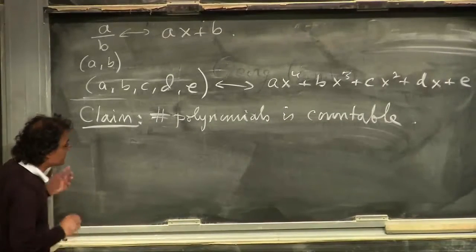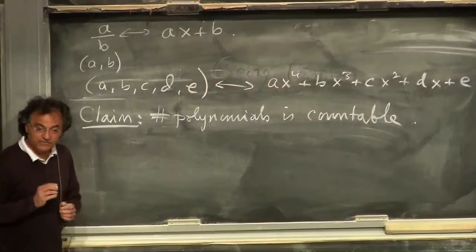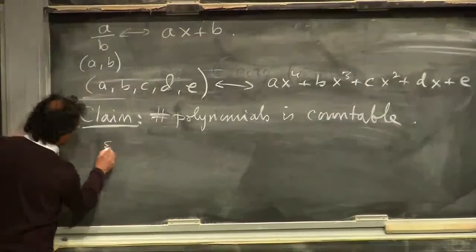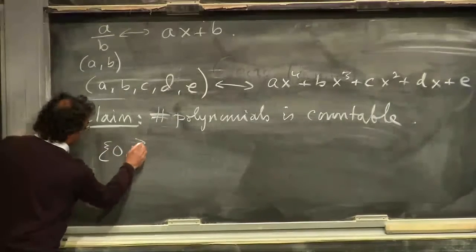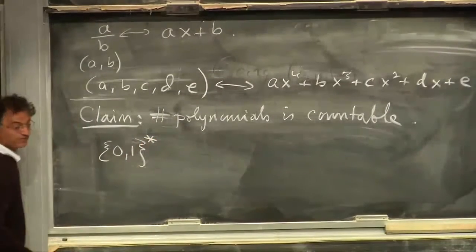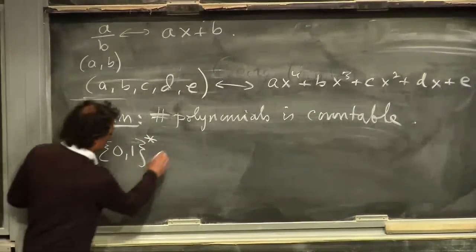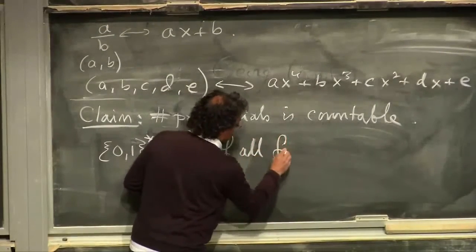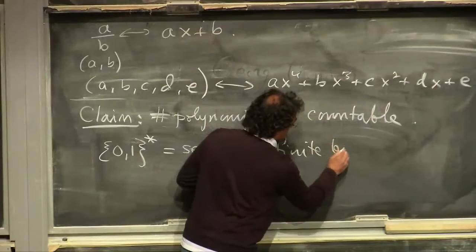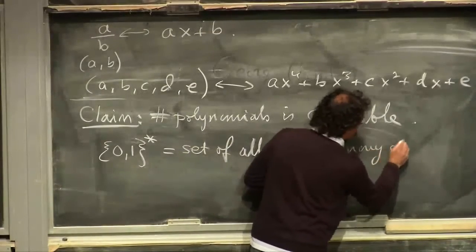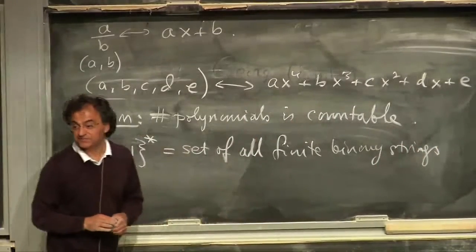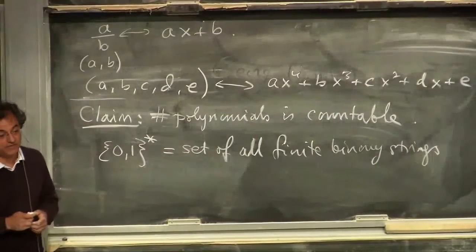So here's a trick. The first thing we are going to claim is that the set of all finite binary strings is countable. This is the same as the number of natural numbers.